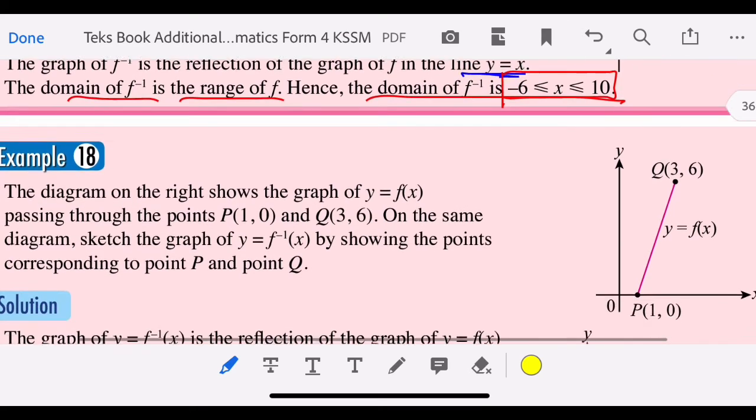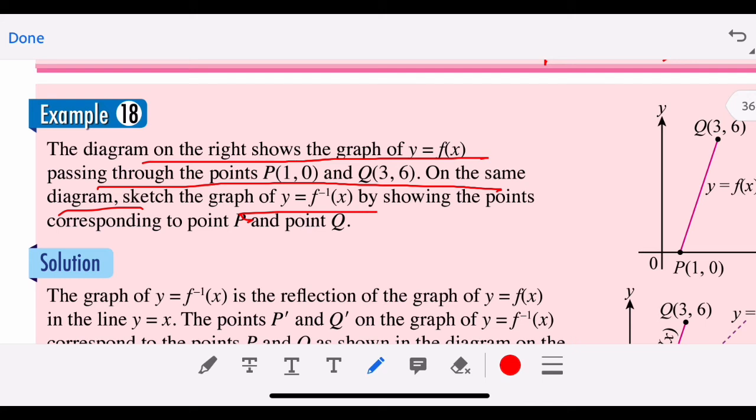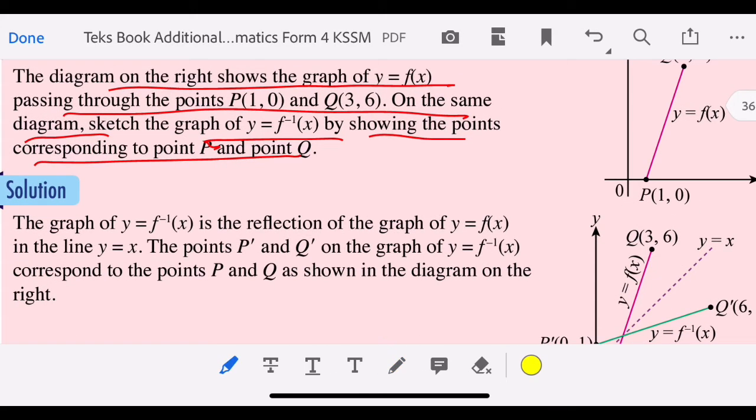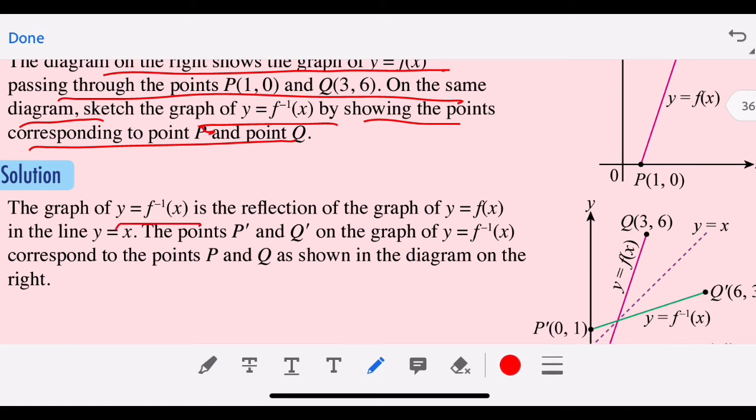Let's see this example 18. The diagram on the right shows y equals f(x) passing through P(1,0) and Q(3,6) on the same diagram. Sketch y equals the inverse function of f, showing the points corresponding to P and Q. The graph of y equals the inverse function is the reflection of the graph y equals f(x) in the line y equals x.